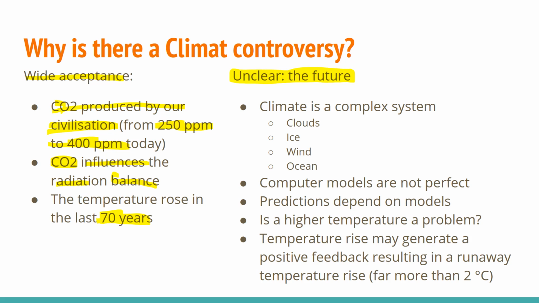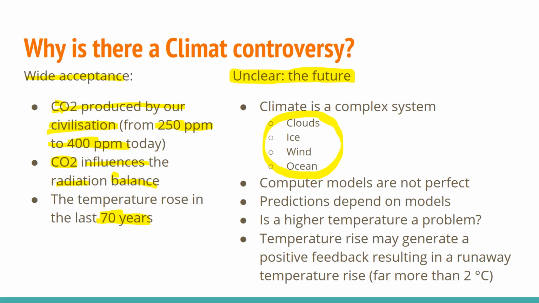And the first thing is that you say the climate is a very complex system because there are many things working together. The one is the clouds. As we have seen, the clouds have a very strong effect on what energy is going back to space. We have the ice, and ice is melting at the pole, and we know that ice is reflecting light, and so it will accelerate the effect.